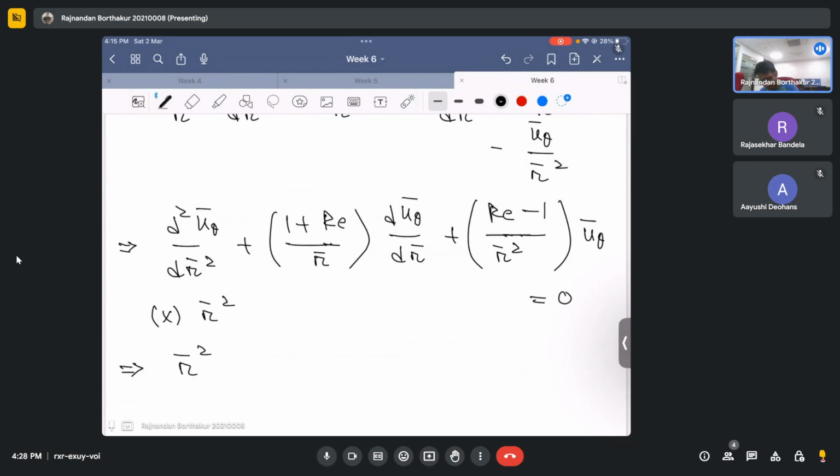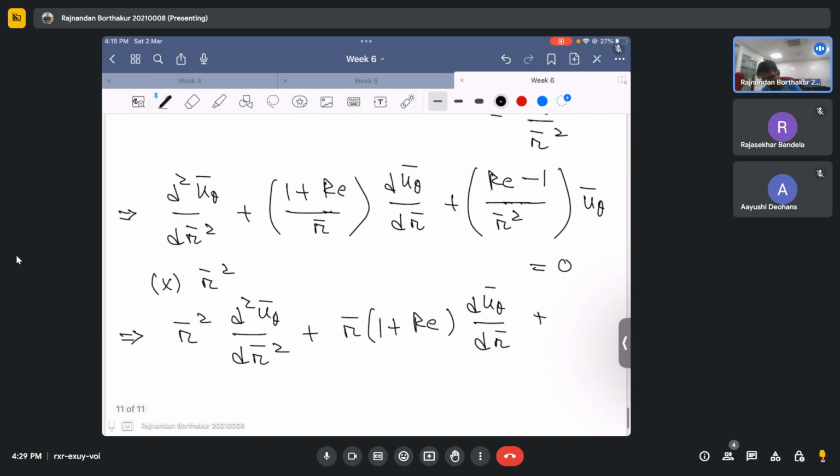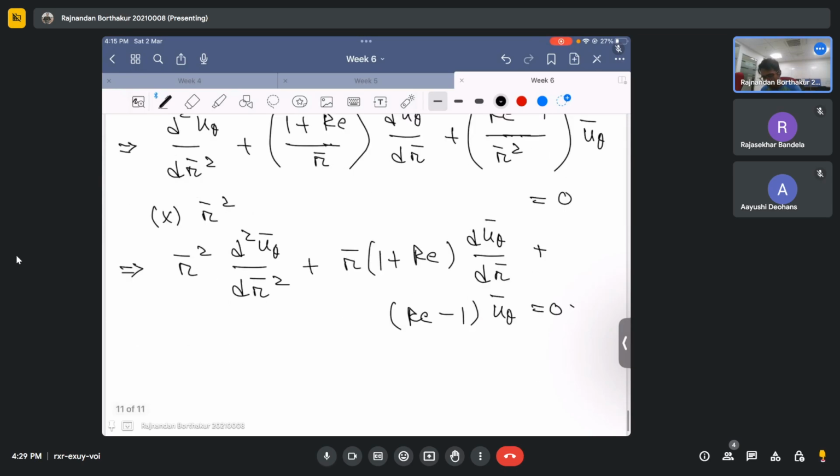This becomes r bar squared d2u theta bar by dr bar squared, plus r bar multiplied by 1 plus Re times du theta bar by dr bar, plus Re minus 1 times u theta equals 0. All right, did you see any equation of this kind of form in your previous class?